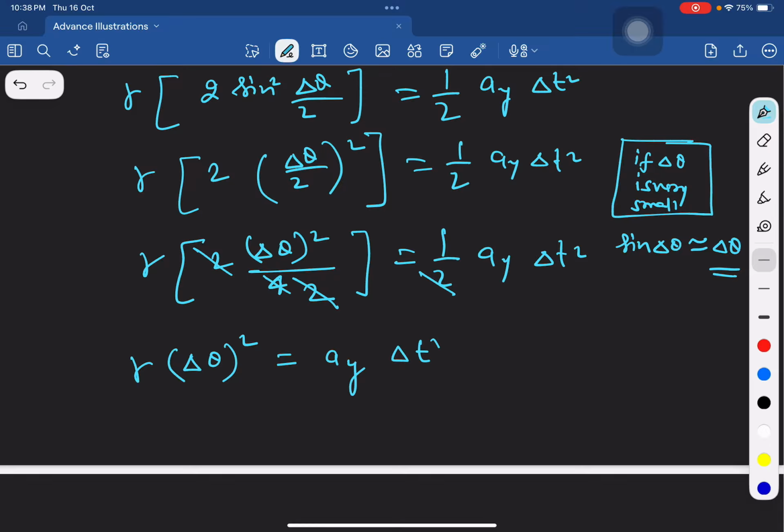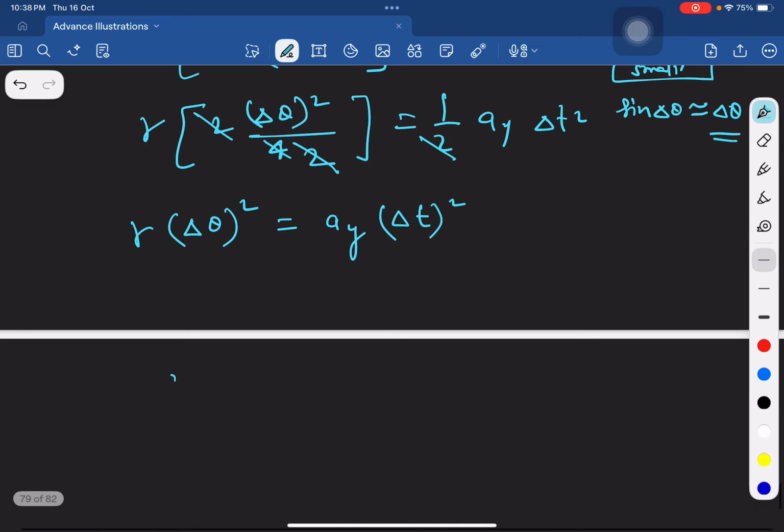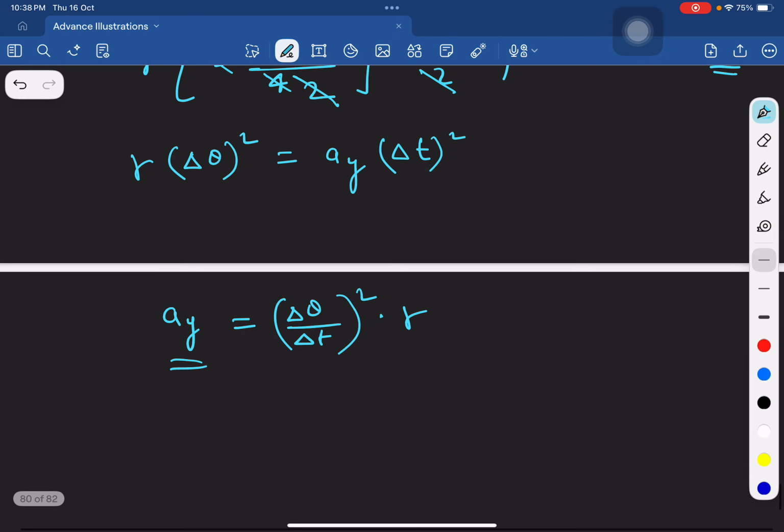Here, a_y is equal to (delta theta by delta t) squared into r. a_y is nothing but the acceleration towards the center, and delta theta by delta t can be approximated as omega.